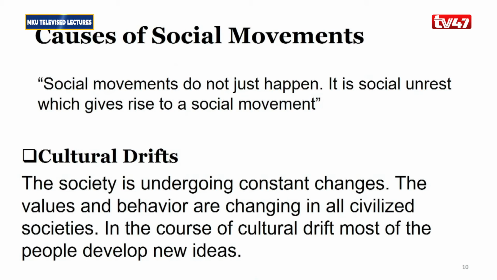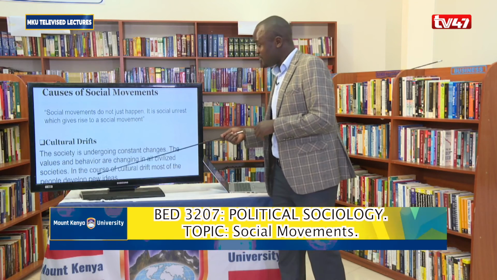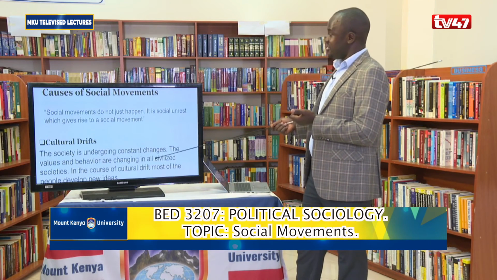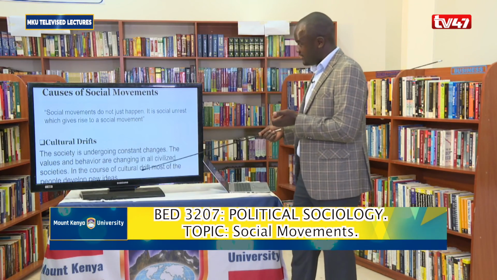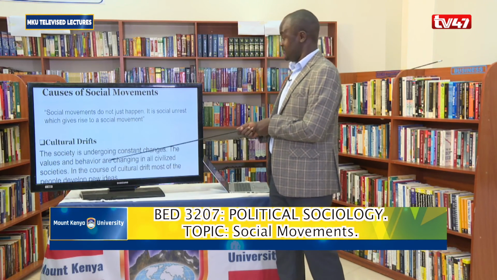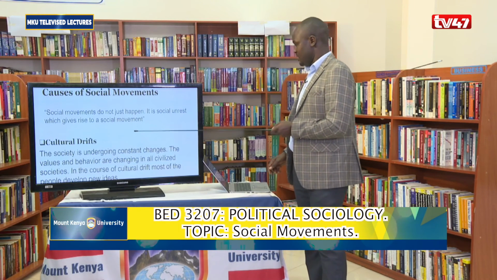So as a result of social change or civilization, some of these activities that specific cultures have previously embraced tend to be considered as retrogressive or against some people's rights. And therefore, a social movement can result when people become civilized and look at things very differently. So cultural drift is a major cause of social movement.